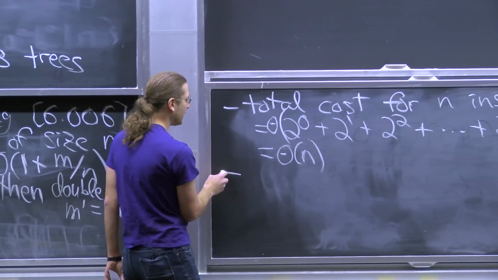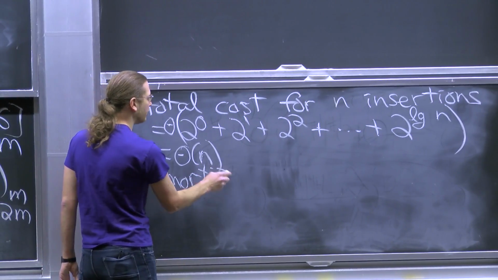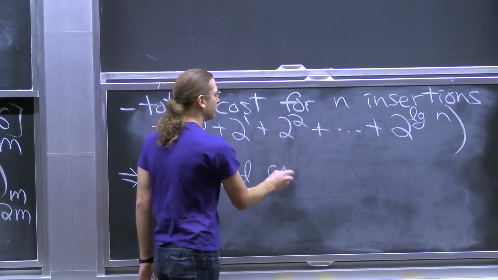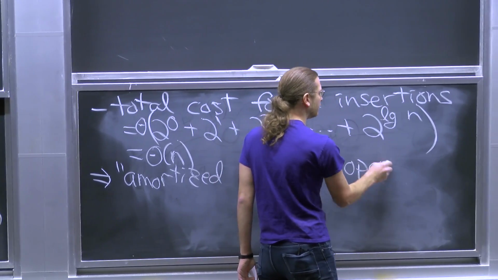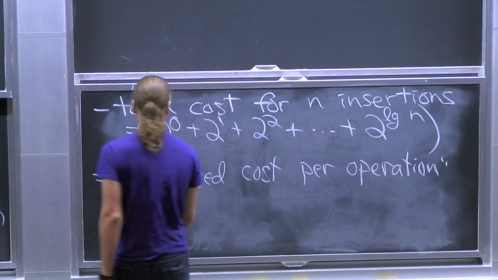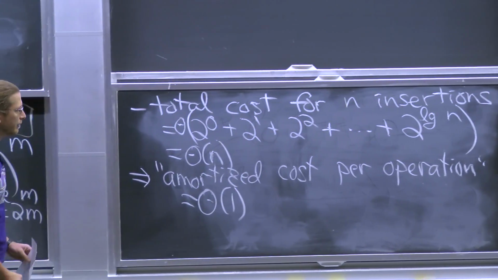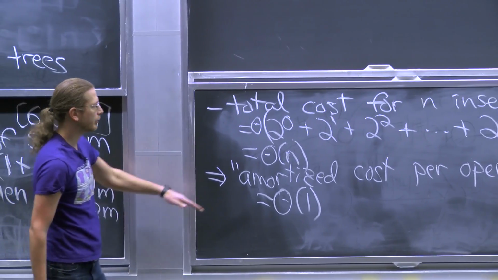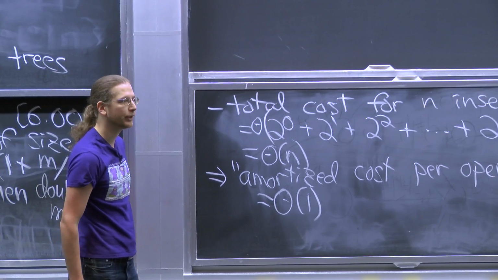So we'd like to say the amortized cost per operation is constant, because we did n operations, total cost was n, so on average per operation, that was only constant.